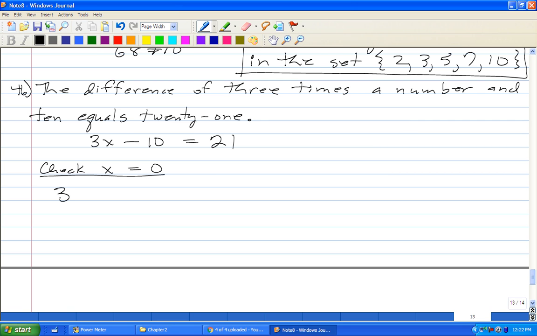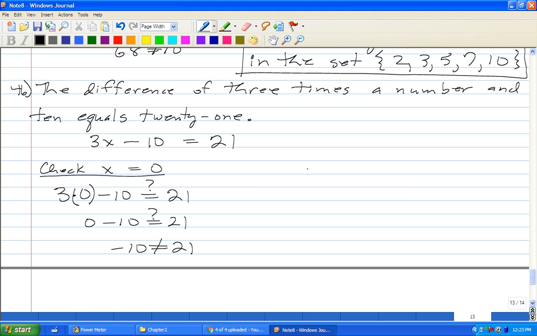So is 3 times 0 minus 10 equal to 21? Well, 3 times 0 is 0. Minus 10 is a negative 10, so no, negative 10 is not equal to 21.